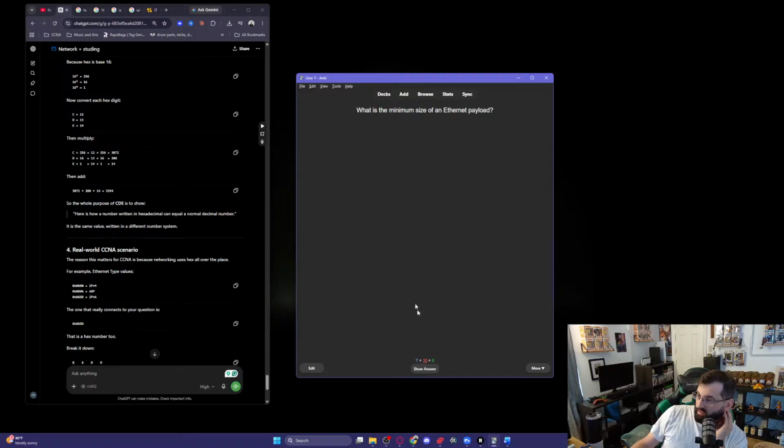Yes. What is the minimum size of an Ethernet payload? Man, I really need to look at that image again that has the whole thing broken down. Let's look at it real quick.